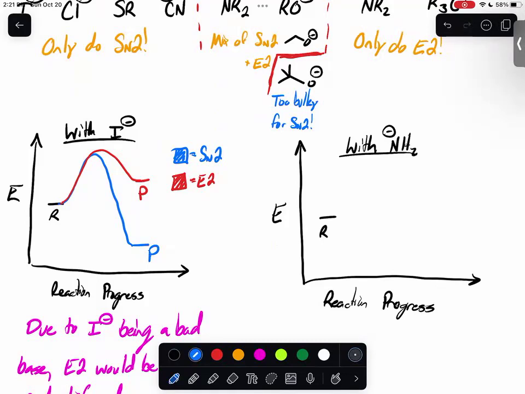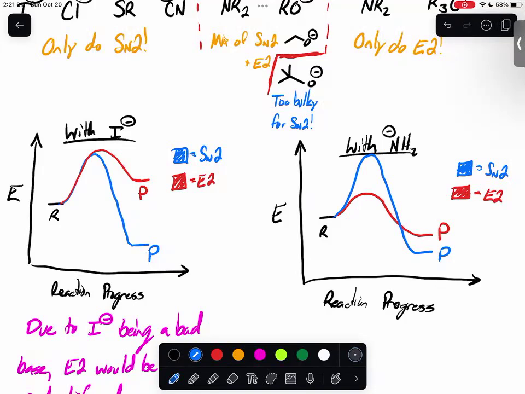If we think about it, a substitution is always going to be a bit more stable than an elimination, right? So the product in this case of the elimination is technically less stable in terms of enthalpy. But even though the product enthalpy is less stable, it has such a low activation energy, whereas SN2 still has its very high peak, that the higher energy product is actually technically favored due to the better activation energy, right?